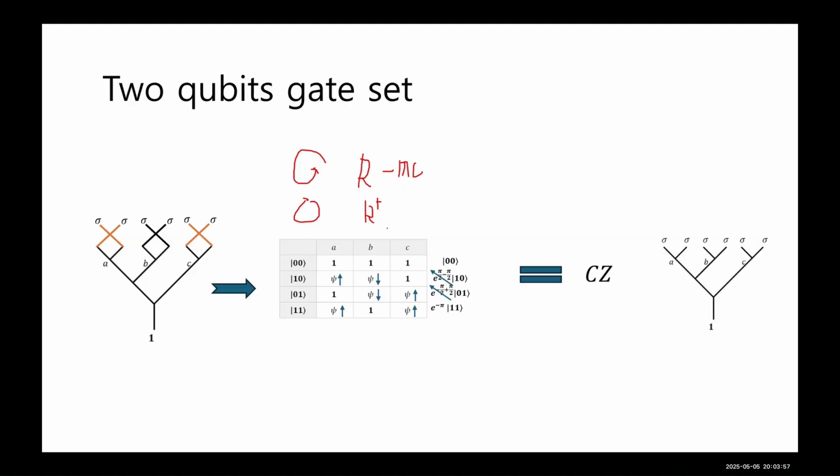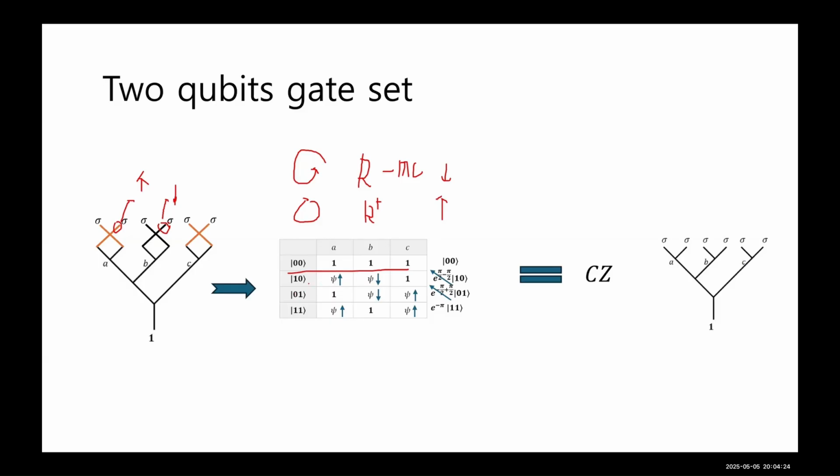That means we can change the phase into downward and upward by changing the braiding direction. I made this an upper phase and this a downward phase. So you can see this result.